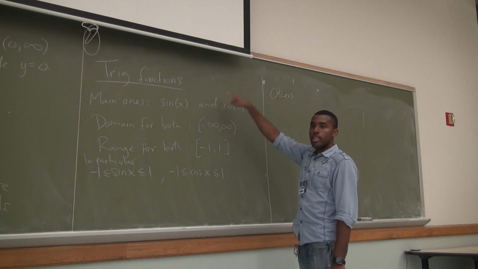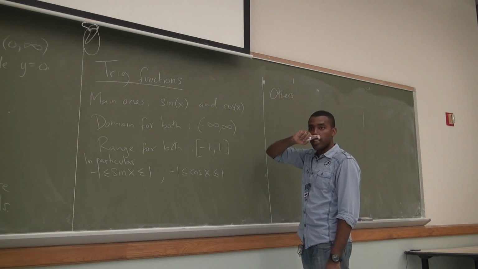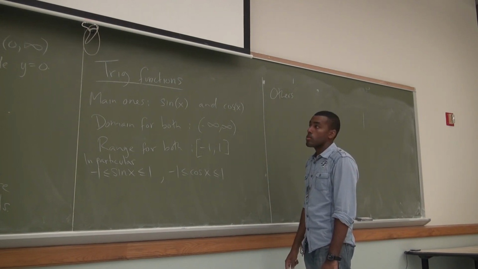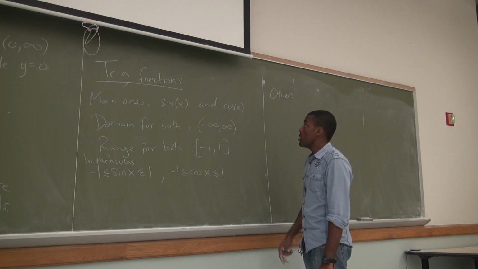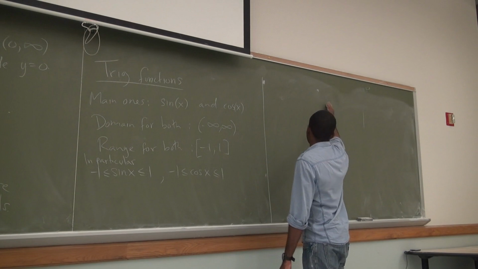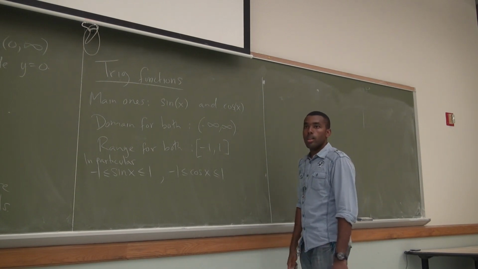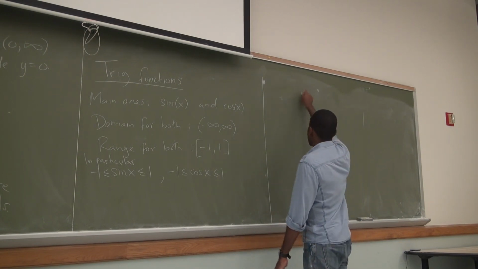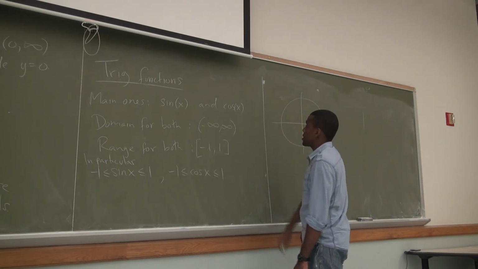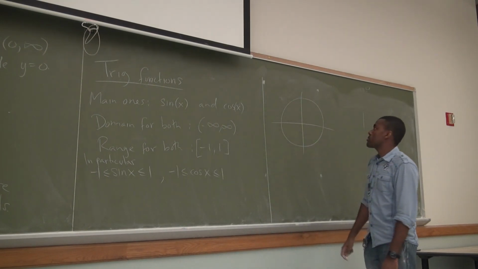Who remembers how sin x and cosine x were formed? What is sin x and cosine x? Well, that's actually a consequence of their definition. Where do they come from originally? Nope. Circle. They come from the circle. What's their relationship to the circle? Sin is like the y.